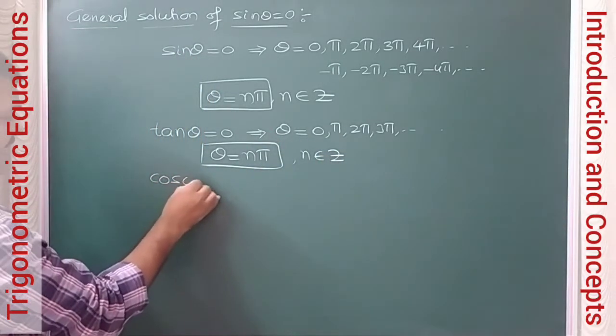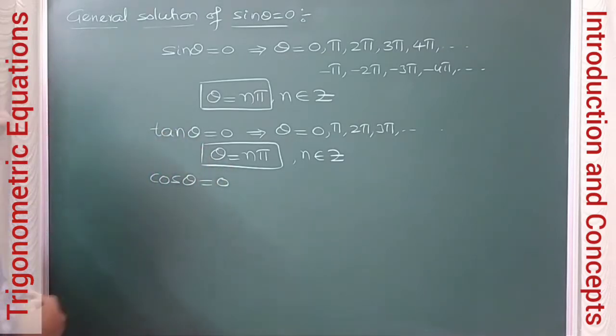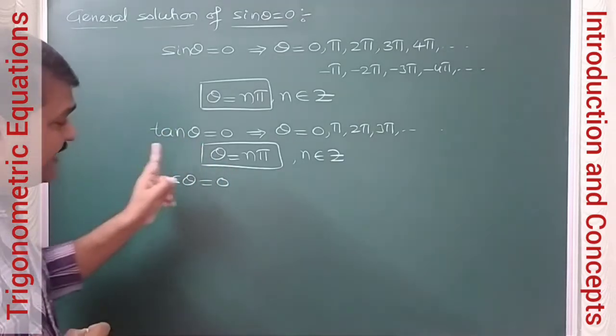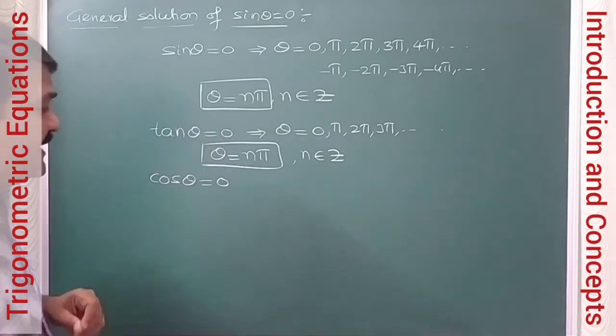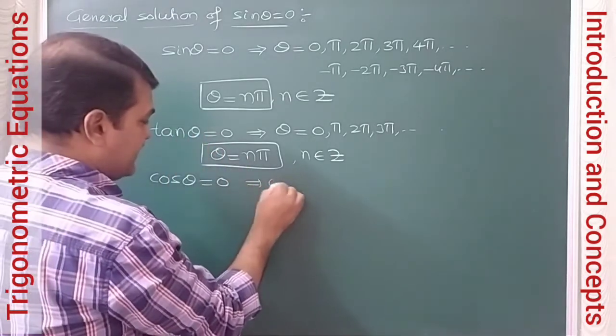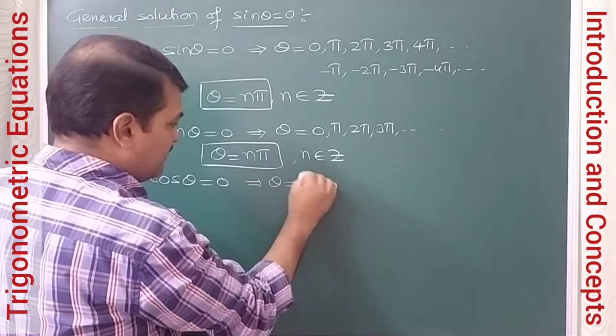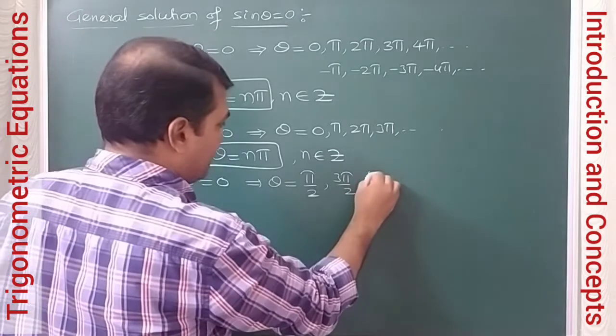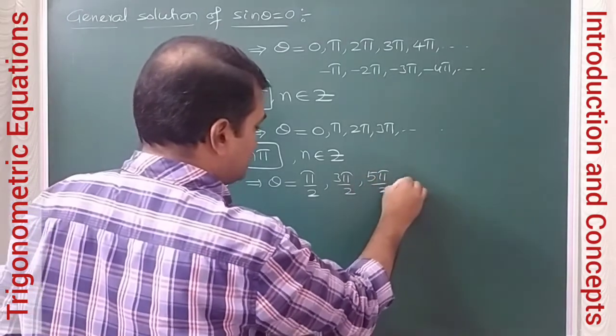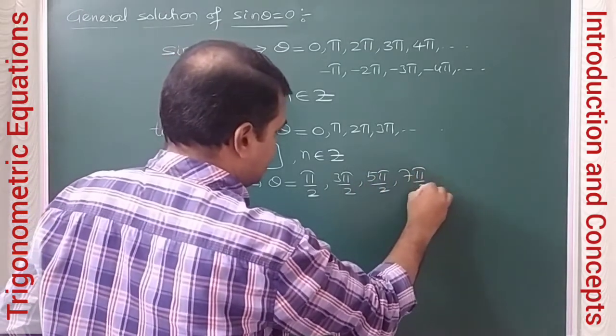When cos theta is equal to 0, cos theta 0 is obtained for all odd multiples of pi by 2. That means theta must be either pi by 2 or 3 pi by 2 or 5 pi by 2 or 7 pi by 2, like this.